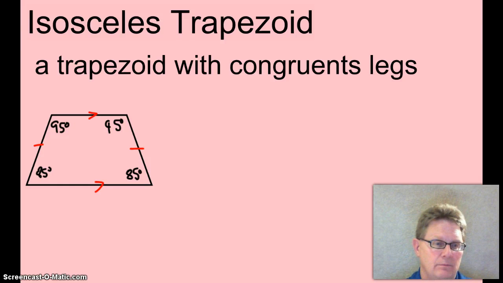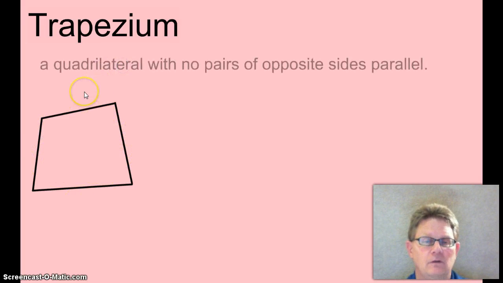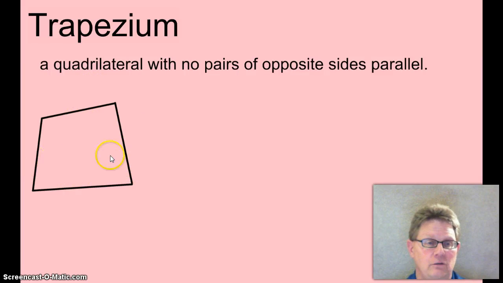Moving right along. A trapezium. This is one picture of a possible trapezium. A trapezium is a quadrilateral with no pairs of opposite sides parallel. If I extend these two sides, eventually they'll hit each other way up there somewhere.